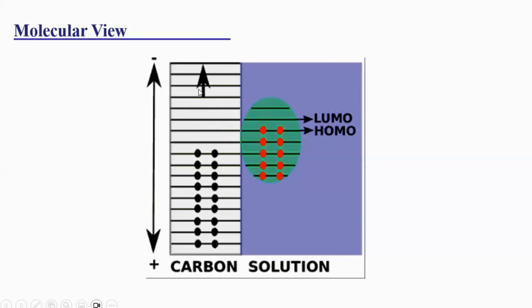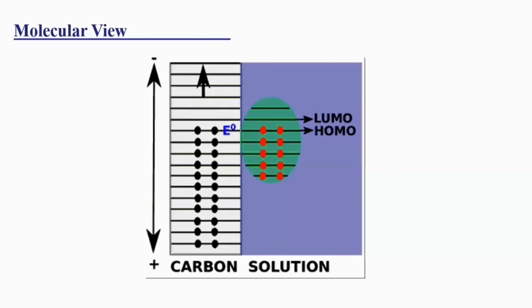This is nothing but oxidation of the electrode, that means loss of electrons from the electrode surface, and reduction of the analyte, that means the analyte is gaining the electron. As I just told you, we are using the term cycle. That means I am sweeping the potential in the reverse direction once after reaching the final potential value.